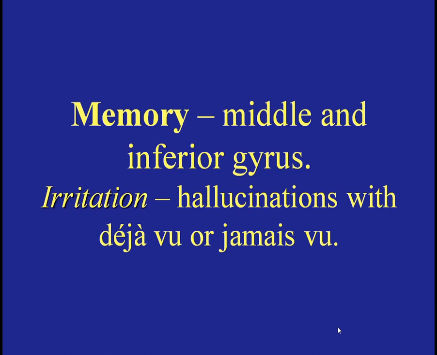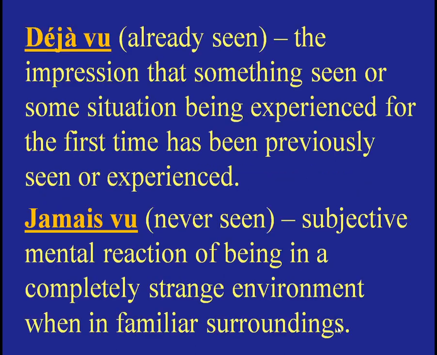Temporal lobe pathology can also give memory problems in case of pathology of the middle and inferior gyrus. Irritation, hallucinations with déjà vu or jamais vu phenomena. I think you know these French terms.